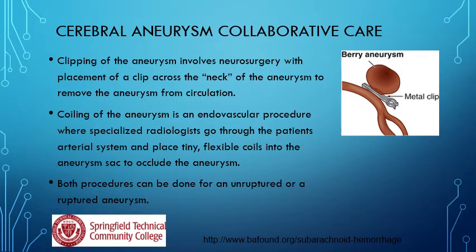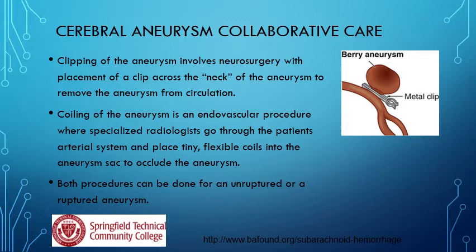So if the aneurysm is in an amenable place for surgery, say for example I have an aneurysm in my anterior communicating artery and it's close to the surface and the surgeon feels like it would be an easy place to get to, they will do brain surgery, through my skull and put a small metal clip like this at the base of the aneurysm, effectively taking it out of the circulation.